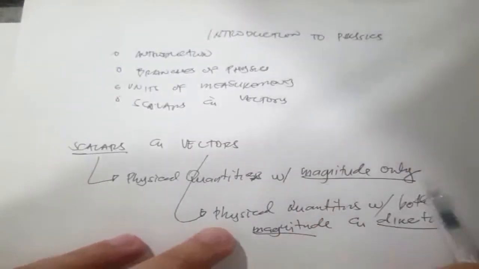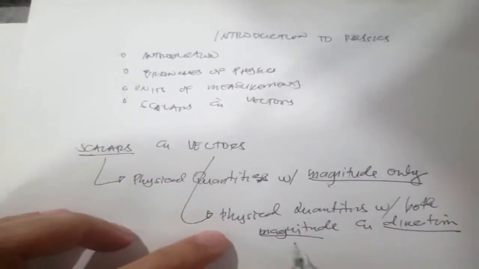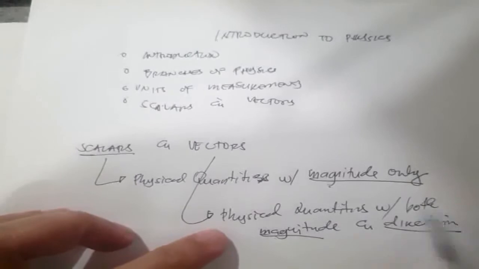So the main difference is that scalar quantities are with magnitude only, and vector quantities have both magnitude and direction.